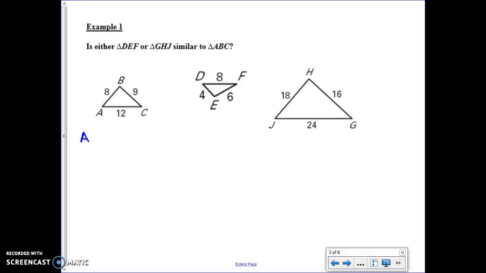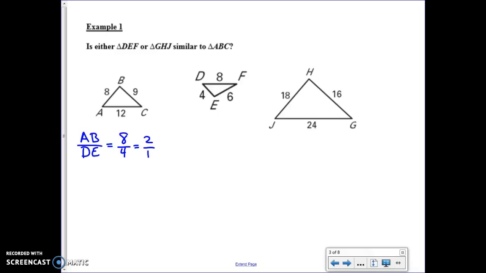If you're not sure what order they go in, what I look at here is the shortest side in the first triangle is AB. The shortest side on triangle DEF is DE. So I have 8 over 4, which is 2 over 1.